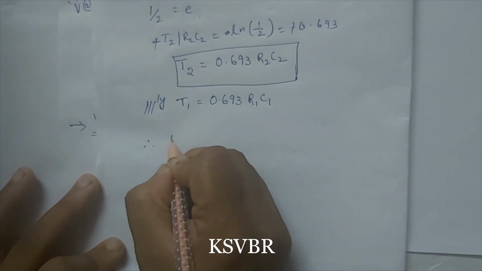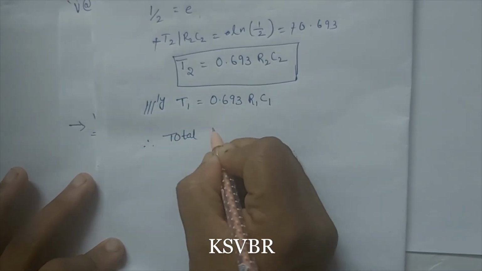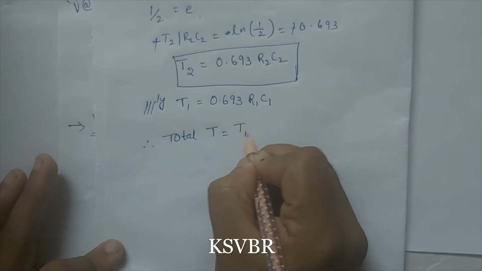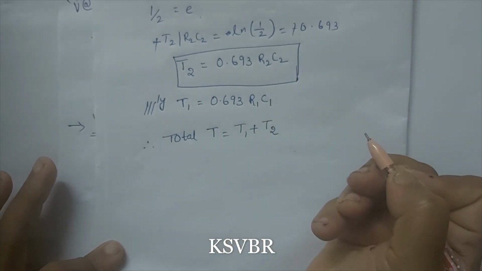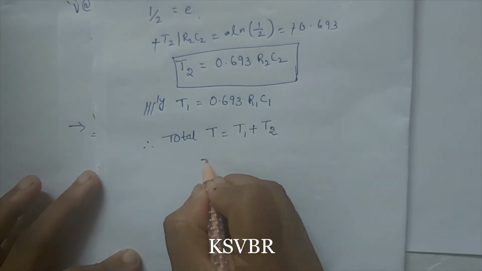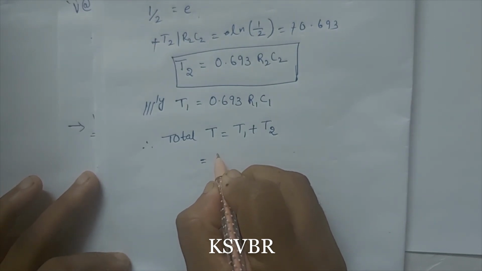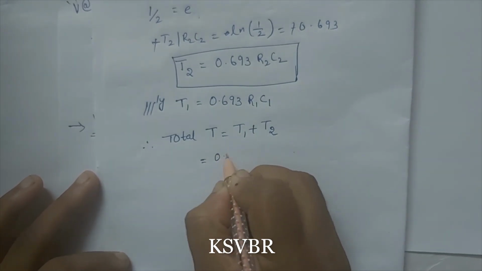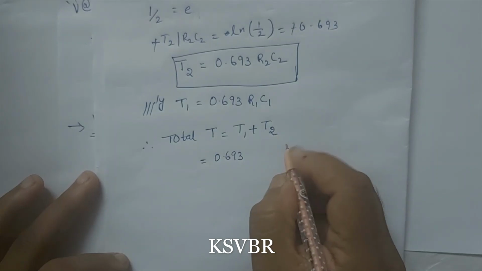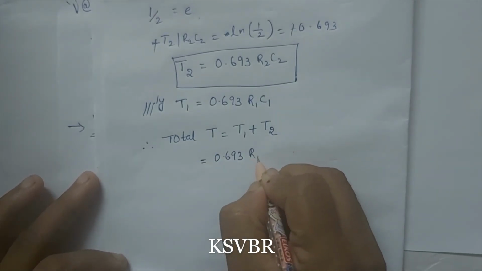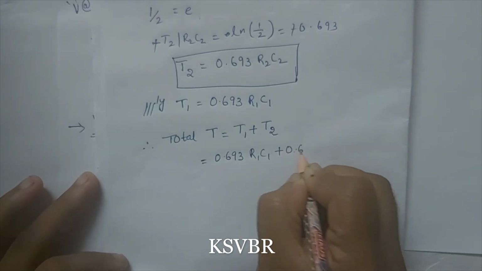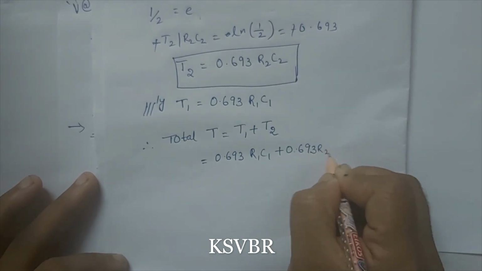What about the total time taken? T is equal to T1 plus T2, which equals 0.693 R1 C1 plus 0.693 R2 C2.